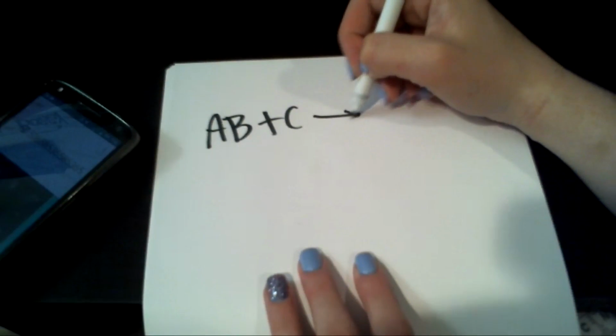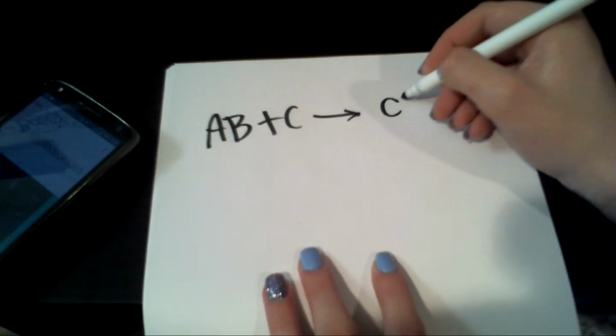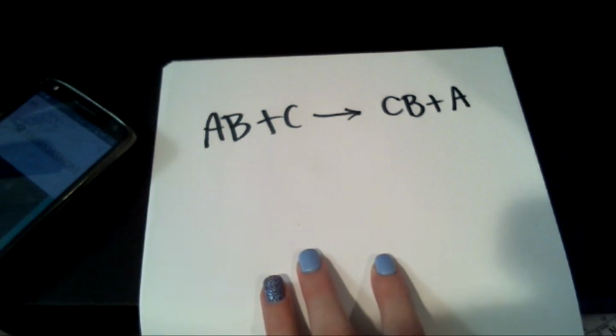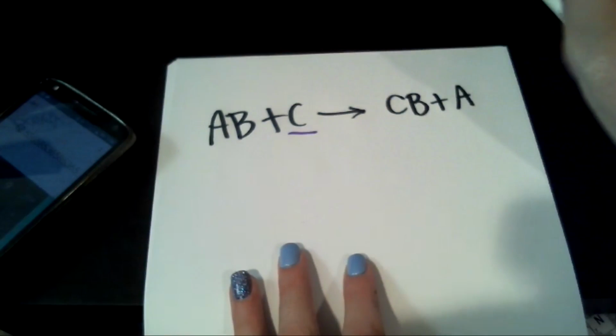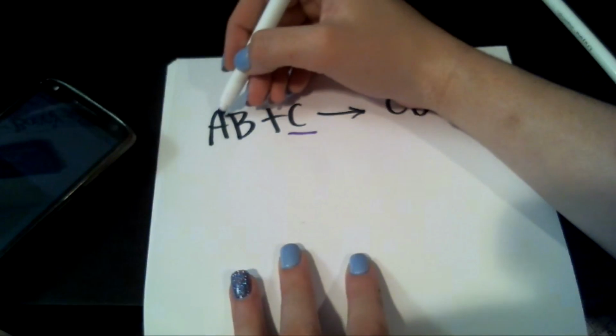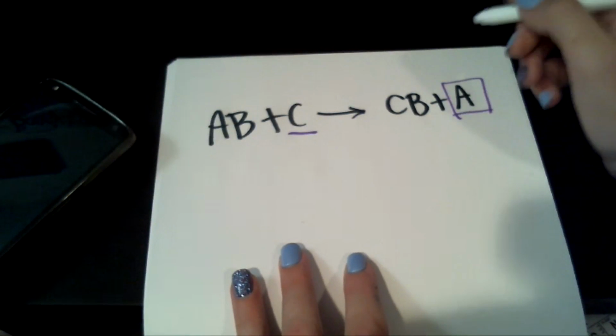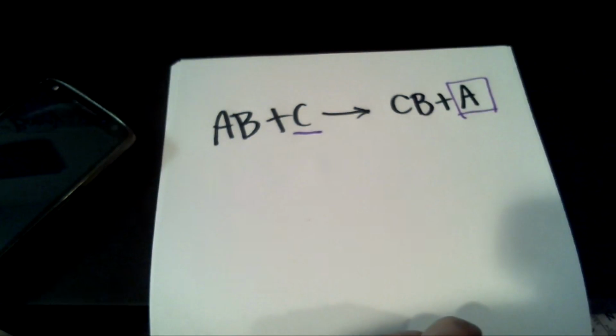That is where you have, for example, AB plus C gives us CB plus A. C is our little dirty homewrecker. C is this nice, beautiful compound that comes in, breaks them up, and kicks A out.